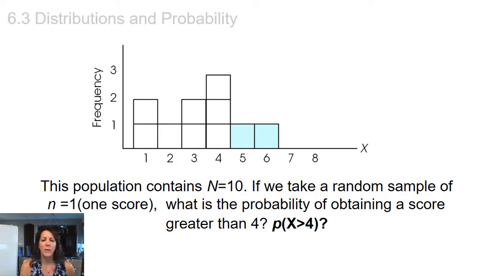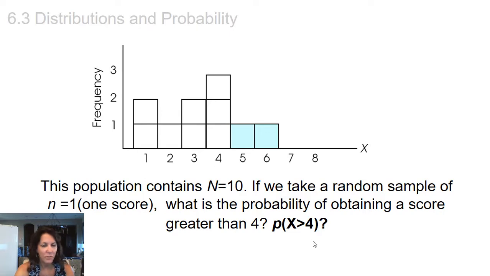So I want to point out the notation that we're going to be using. P means probability, X is our score, and we're looking for X that is greater than 4. So what is the probability of finding a score that is greater than 4? That's how we read this.